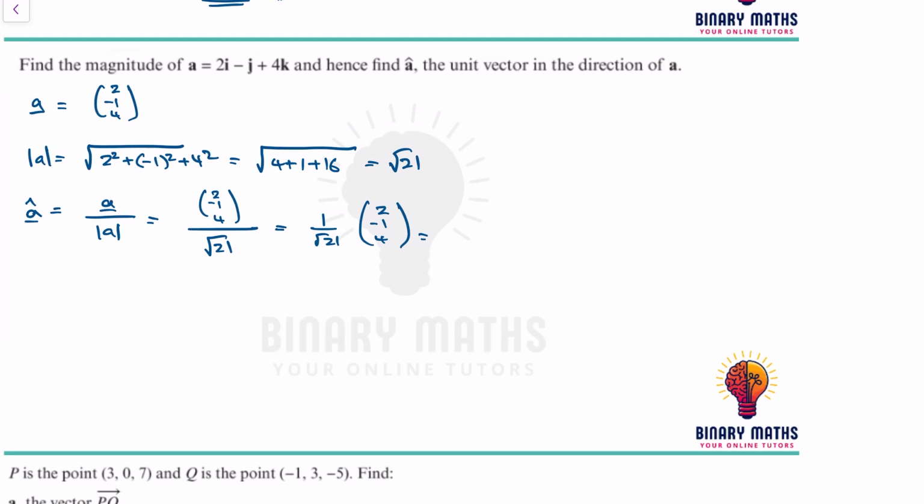First I rationalize it, so I just get root 21 over 21 times 2, minus 1, 4, because I don't like a root in the denominator. So it's the same thing as 2 root 21 over 21 i minus root 21 over 21 j plus 4 root 21 over 21 k.